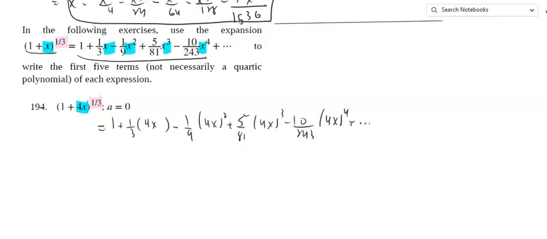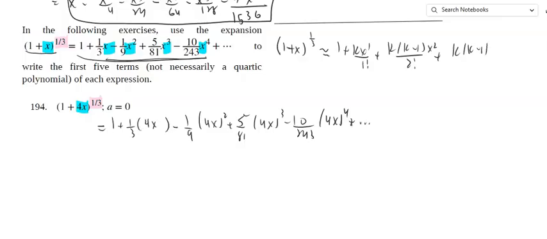Now this is the first book that simply gives you the actual equation. Normally you have to derive it yourself. Normally you come in and say, look, 1 plus x to the 1/3 is going to be 1 plus kx to the 1 over 1 factorial, k times k minus 1 x squared over 2 factorial, k times k minus 1 times k minus 2 x cubed over 3 factorial.